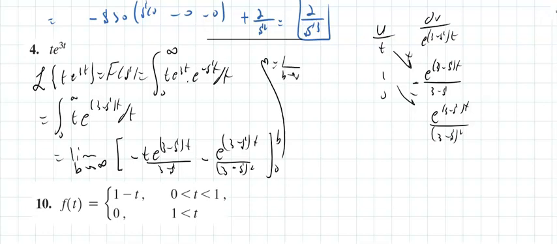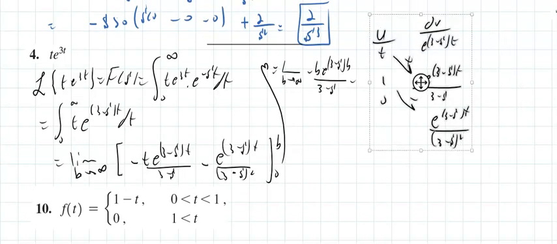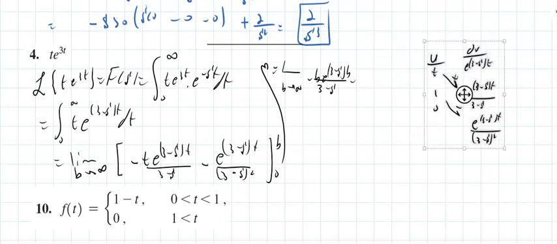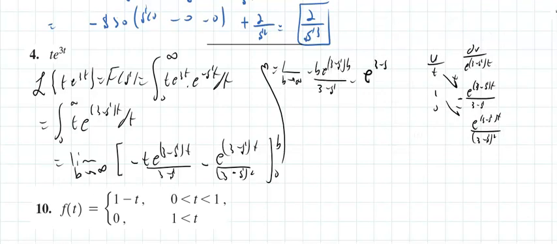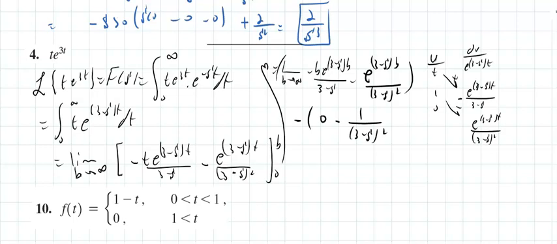That's the limit as b approaches infinity of negative b e to the 3 minus s b divided by 3 minus s, minus e to the 3 minus s b divided by 3 minus s squared, minus, if you put a 0 in, you'll get a 0, minus e to the 0, which is 1 over 3 minus s squared.